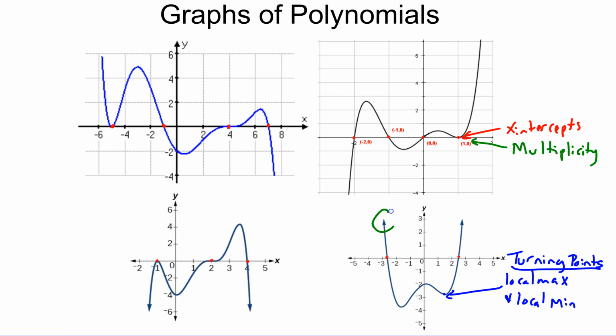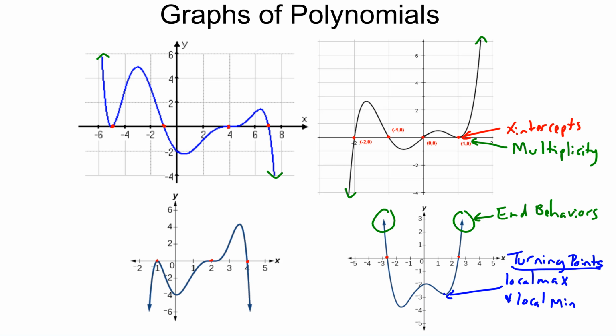So we can see that what we call the end behavior of our graph is very predictable. Although it twists and turns in some parts of the graph, eventually the ends are going to act in a very predictable way.